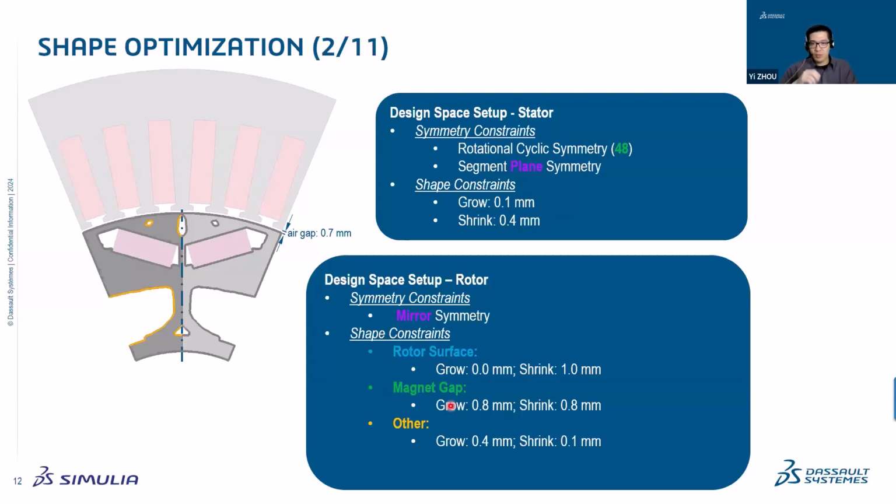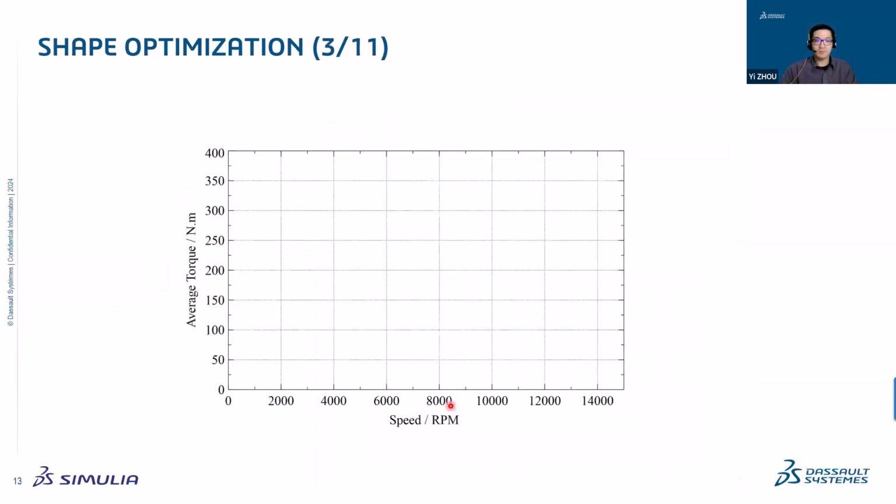So to get rid of this case, we can, for example, define the minimal distance between the rotor surface and the magnetic gap, like 0.55 millimeter. That means no matter how aggressively the optimizer moves the rotor surface and magnetic gap, the minimal distance should be maintained at 0.55 millimeter. It should not be exceeded. Therefore, we will fulfill the stress constraints.